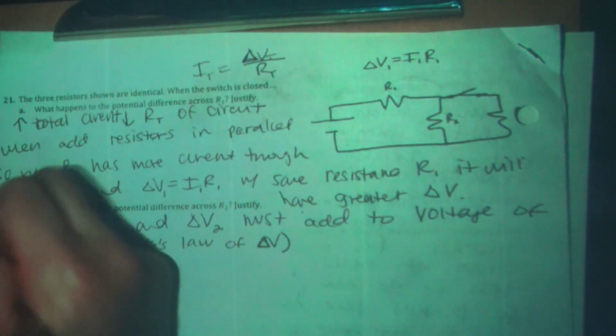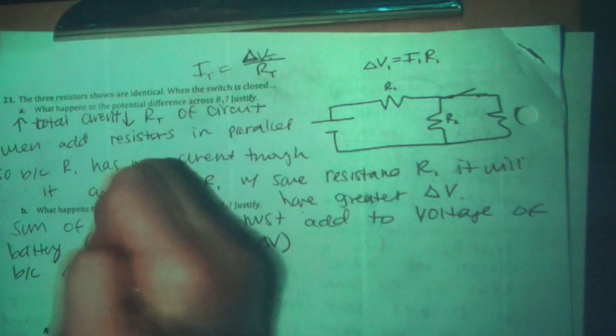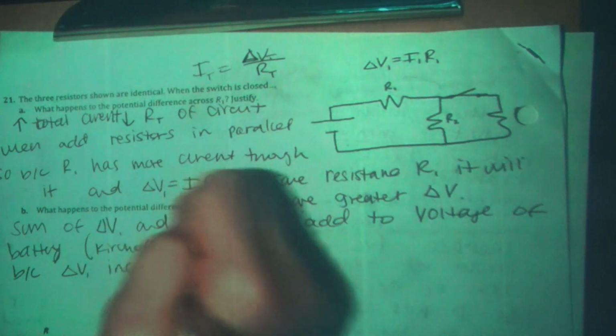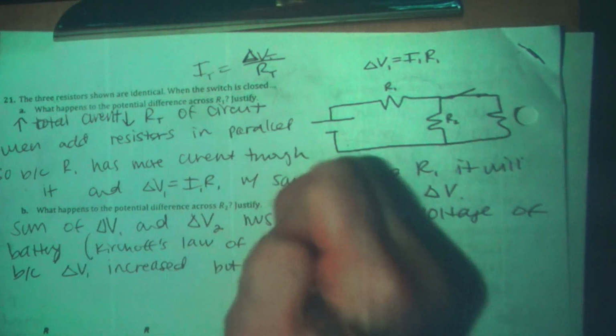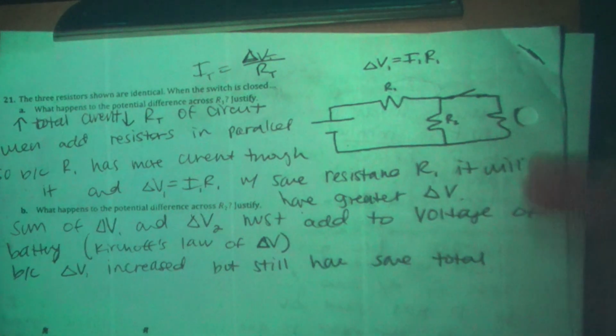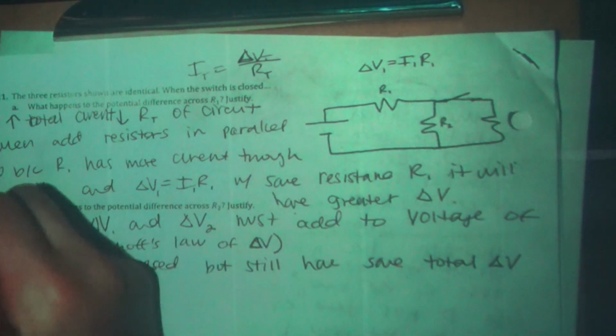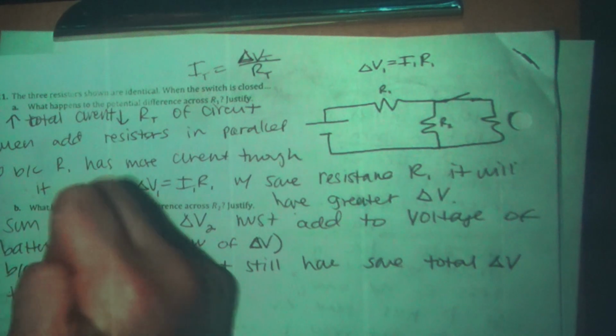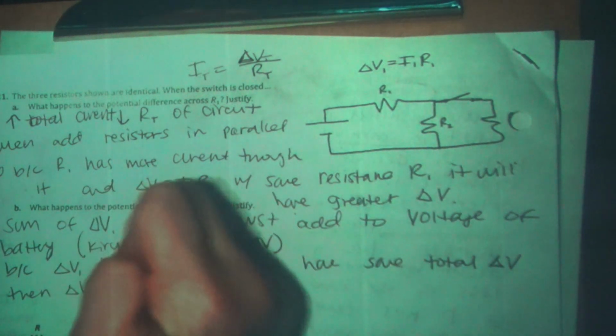So because the voltage drop across 1 increased, but you still have the same total voltage or battery voltage, then the voltage drop across 2 must have decreased.